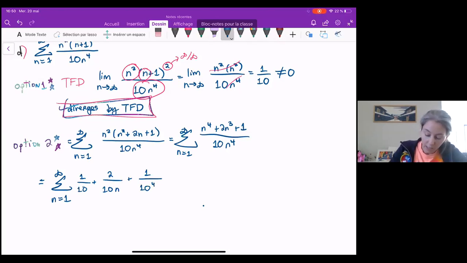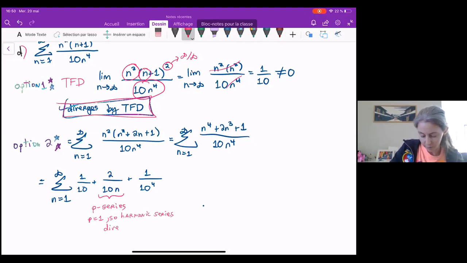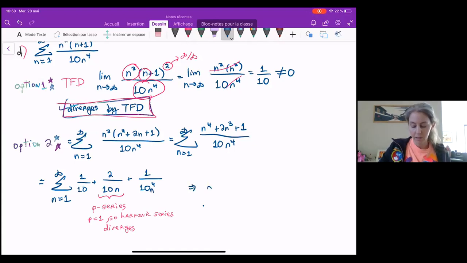And what we can see is that this is a p-series with p equals 1, so the harmonic series, so it diverges. And we know that if part of it diverges, the whole thing diverges. The test for divergence was easier in this case.